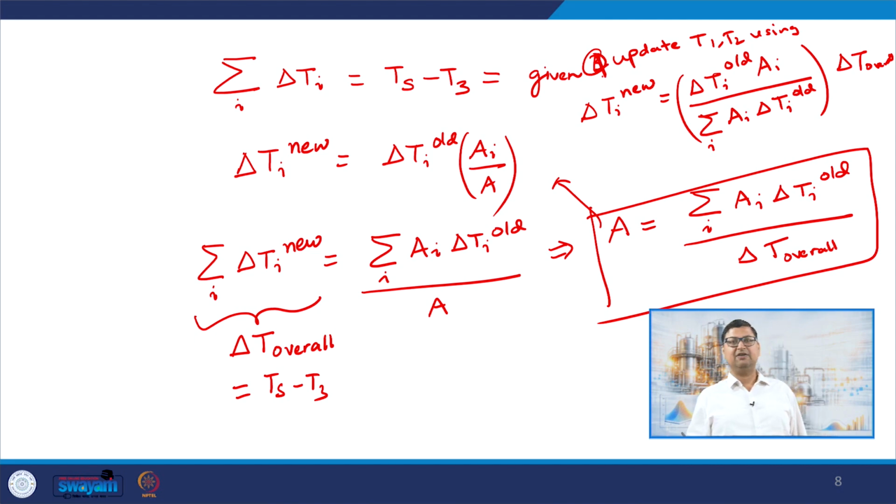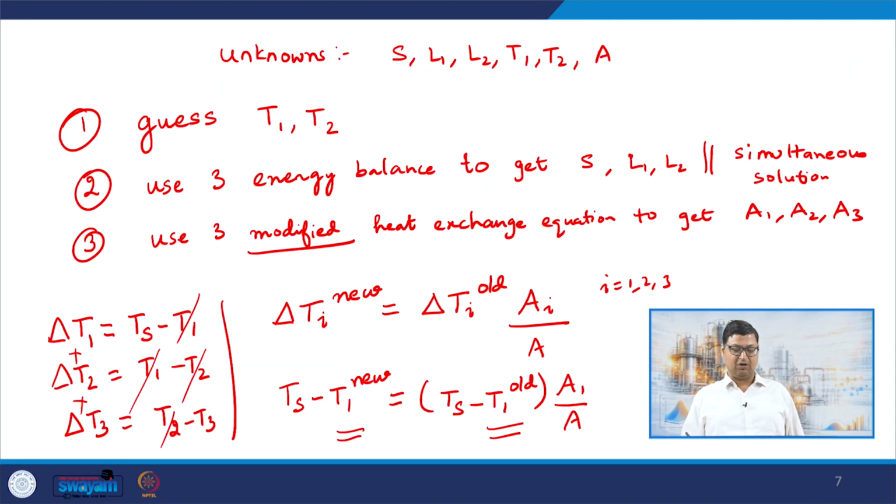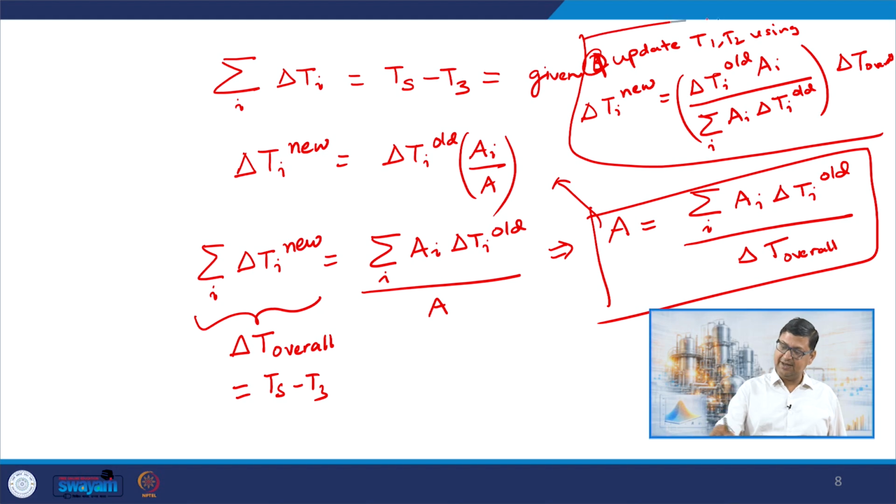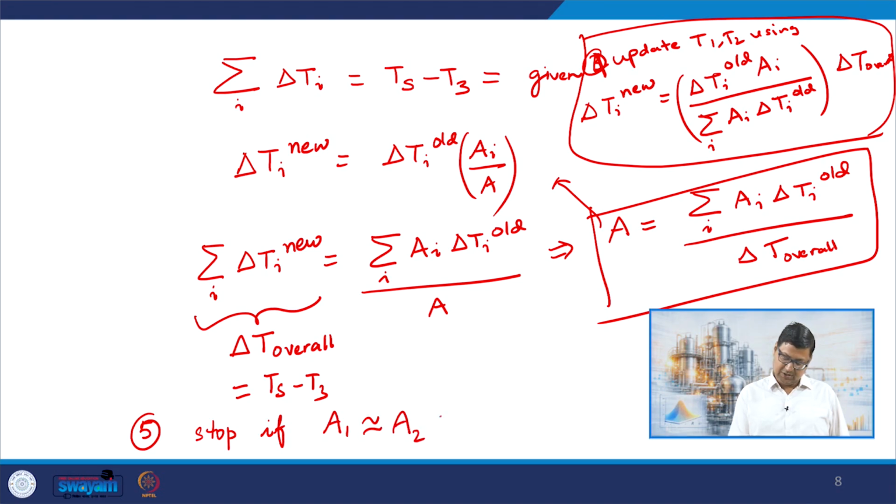I already have computed S, L1, L2, I already have got A1, A2, A3, and now in my fourth step, I am going to update this T1, T2 using this equation, and now I will stop if A1 is nearly equal to A2, nearly equal to A3.